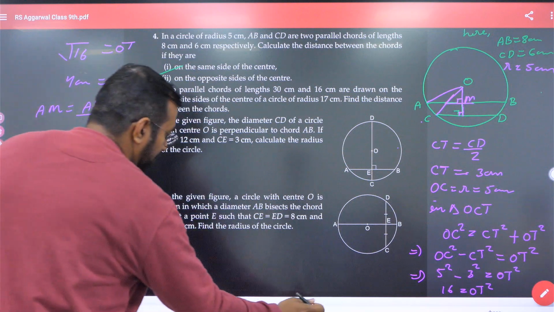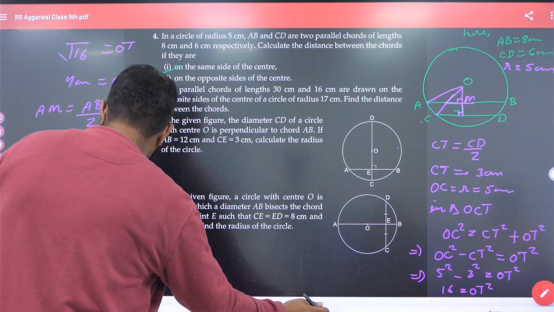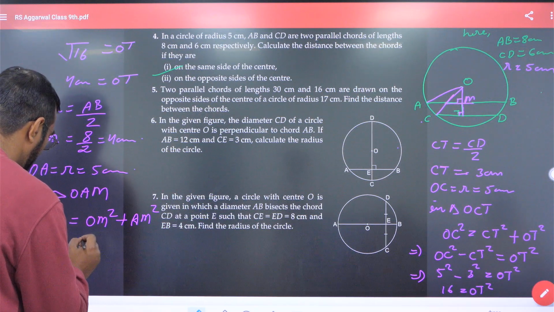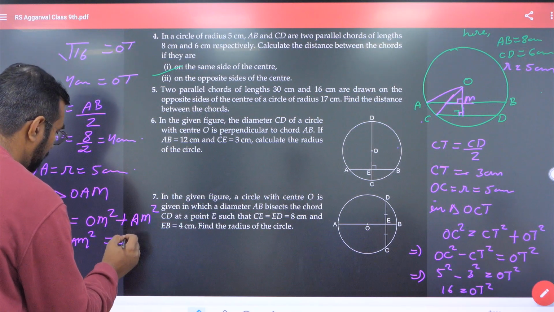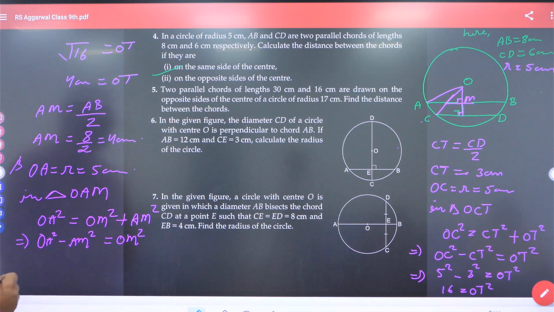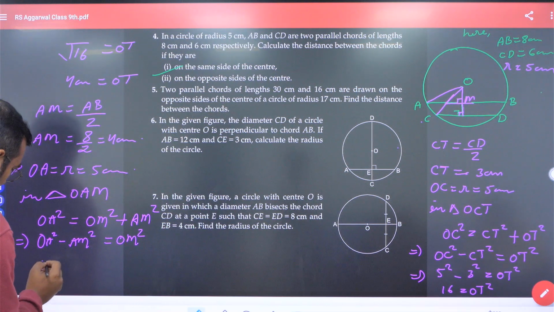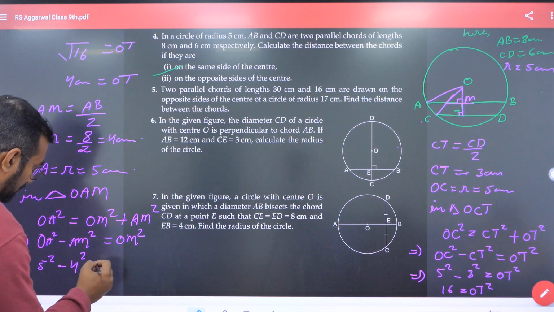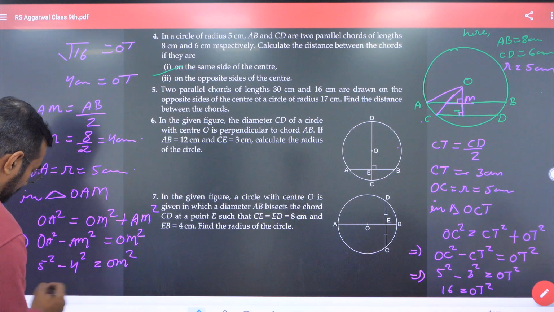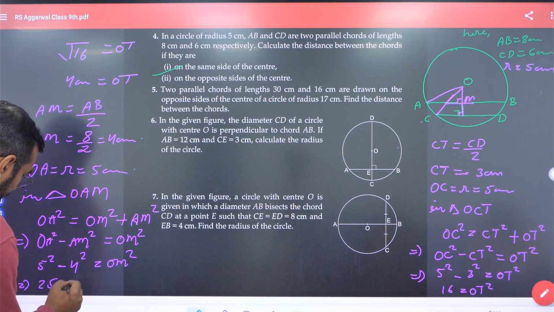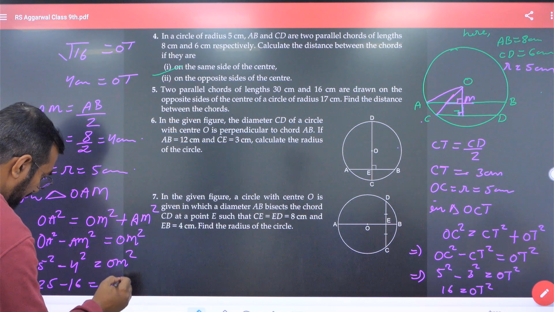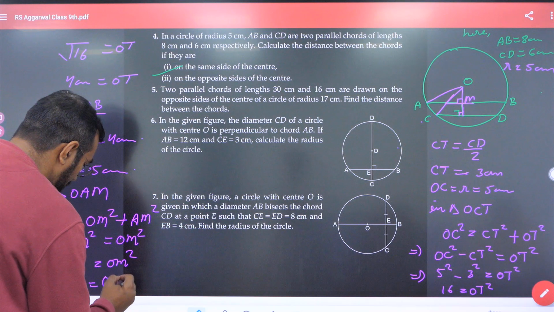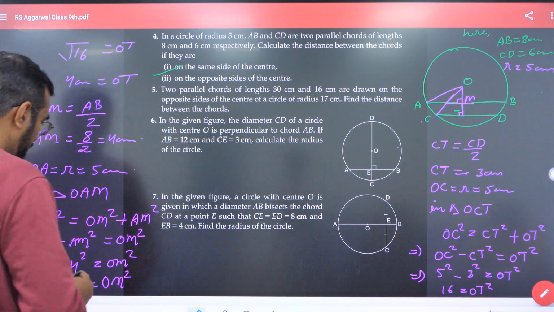We have to find OM, so we will not transpose OM this side. We will transpose AM this side. OA square minus AM square is equal to OM square. Okay? That will be 5 square minus AM 4 square is equal to OM square. 25 minus 16 is equal to OM square.